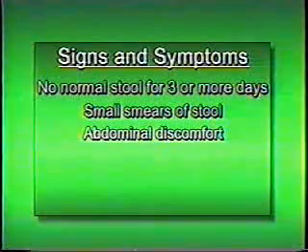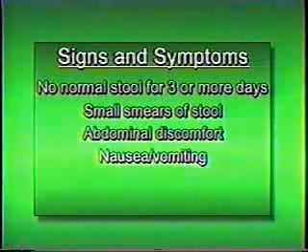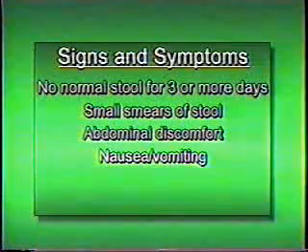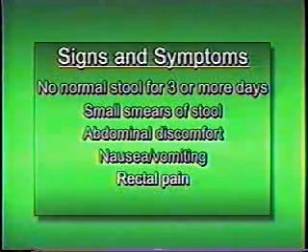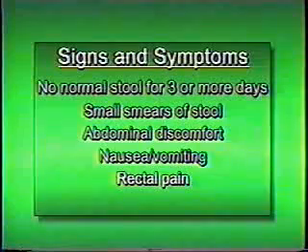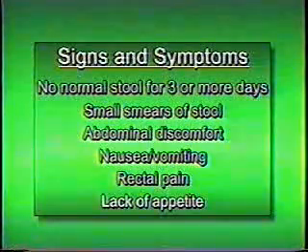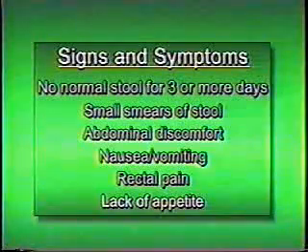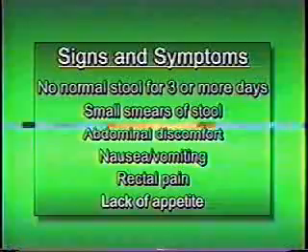A person might have abdominal discomfort, or nausea and even vomiting might be a sign of a fecal impaction. The person might be experiencing rectal pain, or they might have a lack of appetite. With any of these signs and symptoms, please notify the nurse so that the impaction can be relieved as quickly as possible.